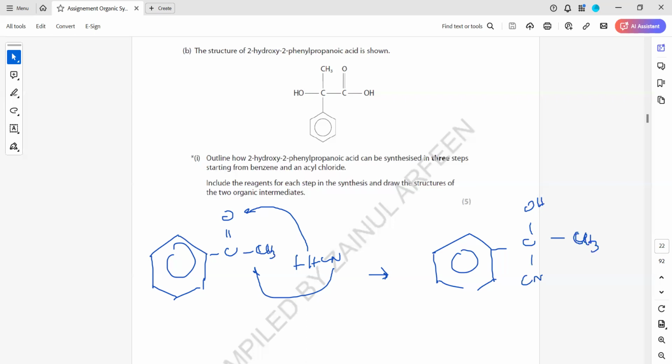Now the last reaction: we want to convert this nitrile group, because this is the product we want, into a carboxylic acid. To convert the nitrile group into carboxylic acid, we can use any acid, so acid hydrolysis or base hydrolysis can be done.